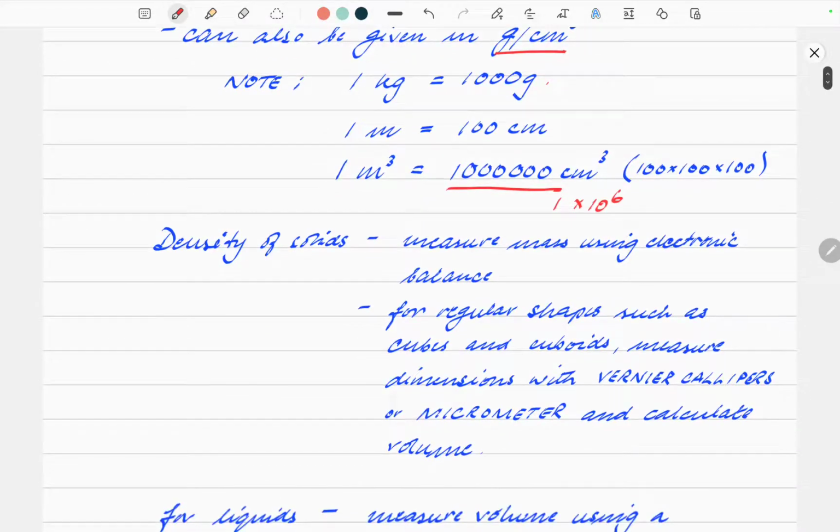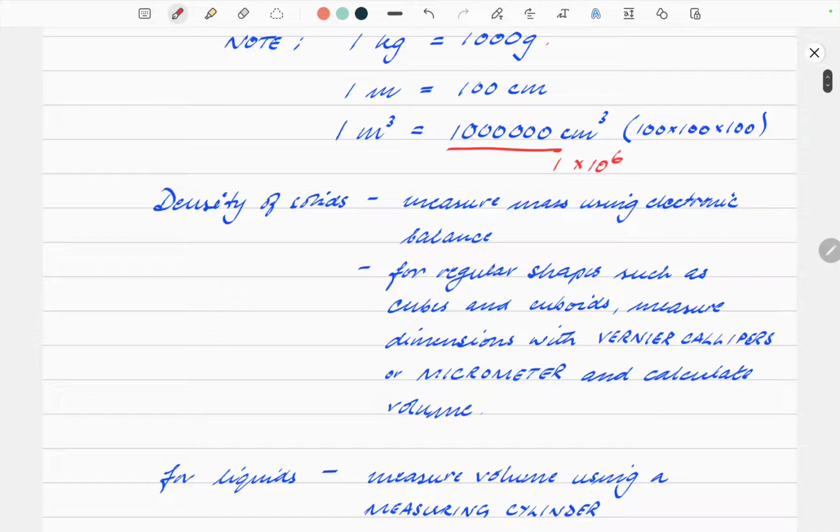Density of solids. This can come up in a practical question. The way to do it is to measure the mass using an electronic balance, a mass balance. Then to find the volume, for regular shapes, meaning cubes and cuboids, you measure the dimensions and work out the volume that way.